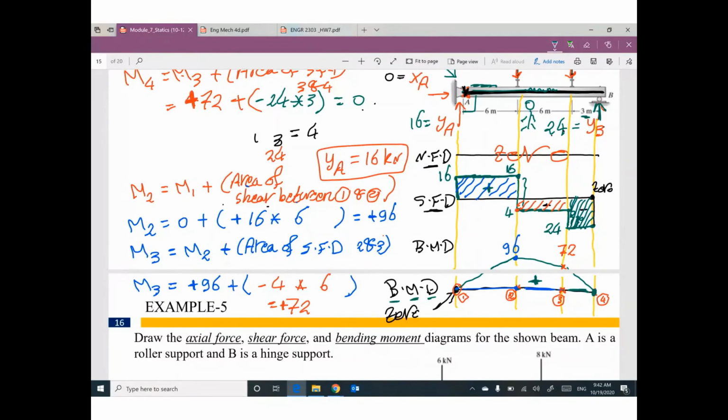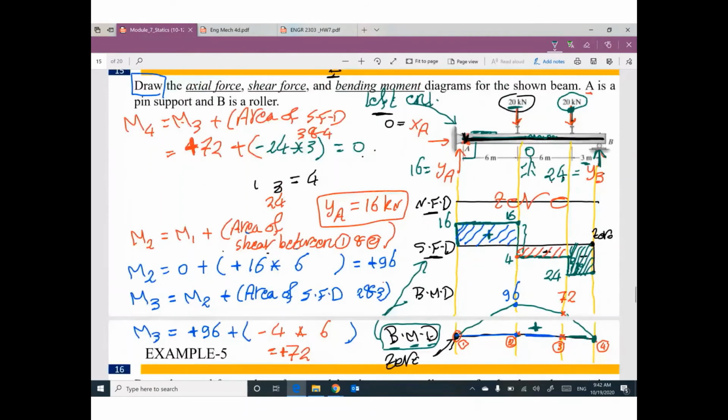This bending moment diagram depends mainly on the shear force diagram, and this shear force diagram depends mainly on reactions. So imagine if my reactions are wrong, your shear force diagram will be wrong, and your bending moment diagram will be wrong.